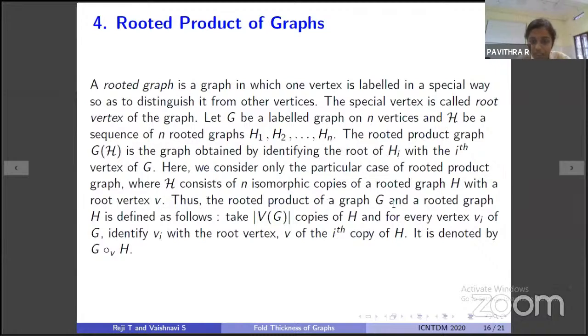Thus, the rooted product of a graph G and a rooted graph H is defined as follows. Take the cardinality of V of G copies of H, and for every vertex Vi of G, identify Vi with the root vertex V of the ith copy of H. It is denoted by G rooted product H with respect to V. This V denotes the root vertex of H.